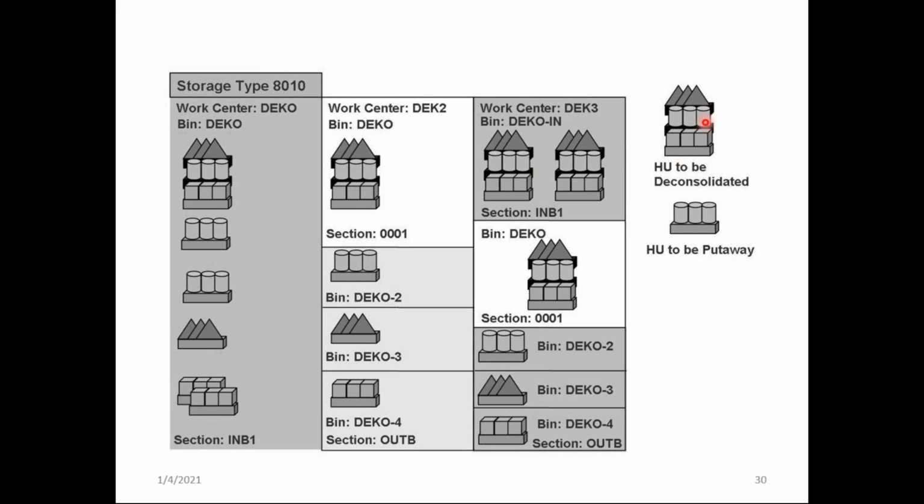These kinds of materials will be packed into a separate HU. This round cylinder type material will be packed into a separate one, and these square boxes will be packed into a separate one. So this is called deconsolidation in EWM.